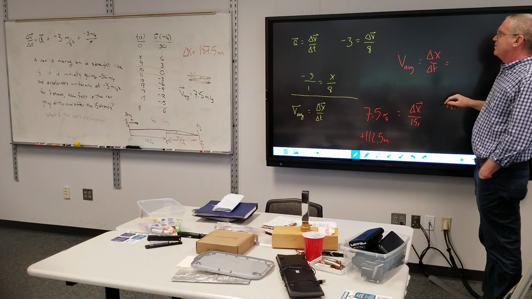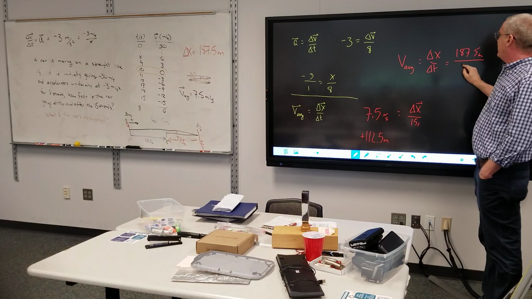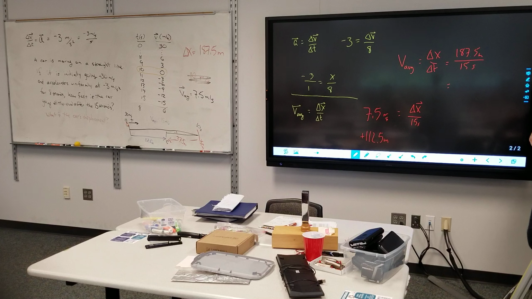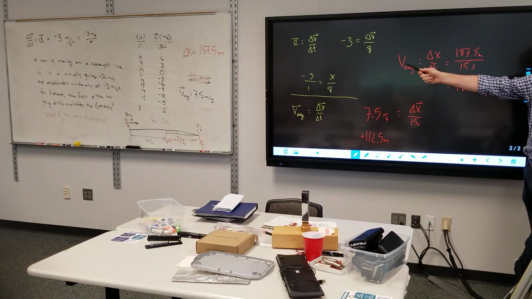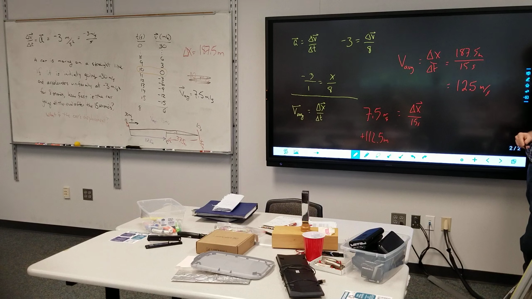So that is 187.5 meters divided by 15 seconds, and that gives something bigger than 10. Per second. So my average velocity is 7.5 meters per second, positive. My average speed, 12.5 meters per second.